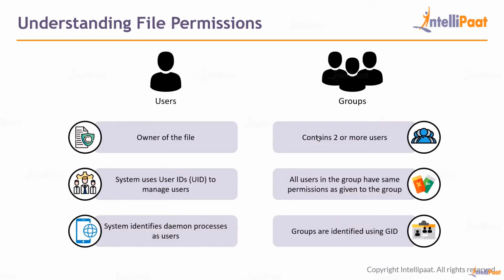Now, what is the difference between a user and a group? These are not exactly differences, but rather the characteristics of users and groups. First, users: the user is the owner of the file. The system uses user IDs to manage users. Let's say there are 100 different users and 10 people have the same name.